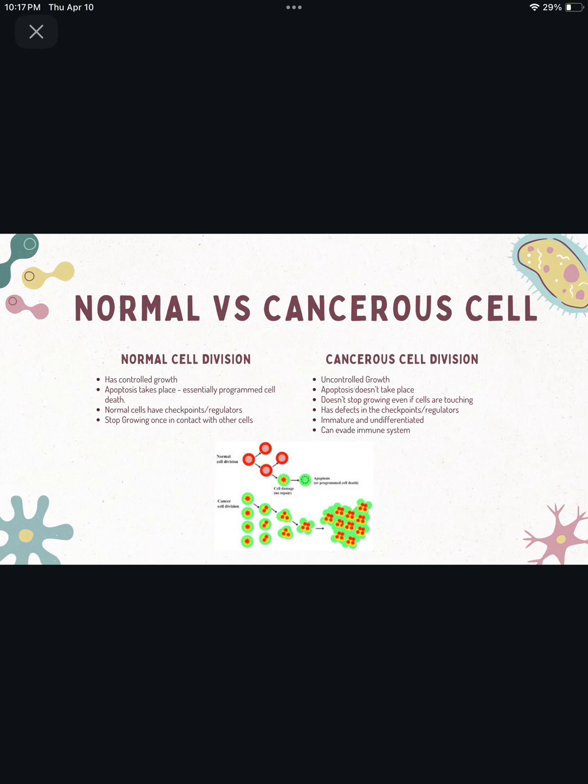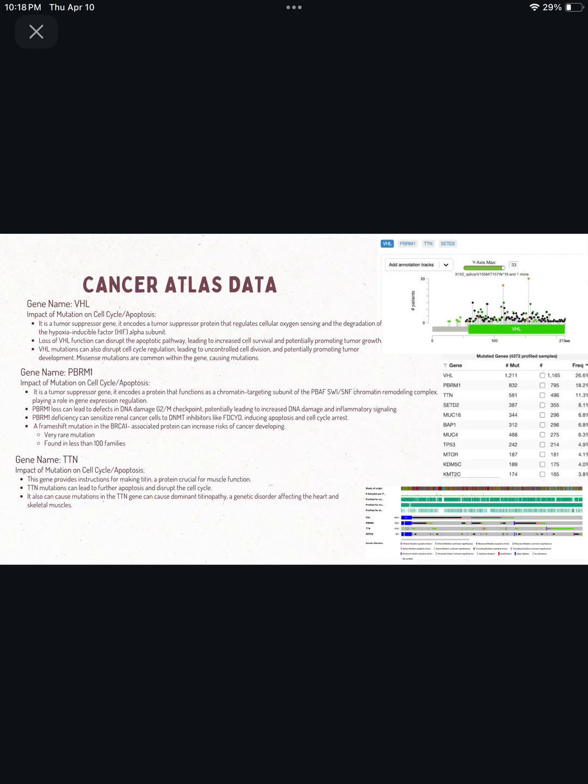In our Cancer Atlas data, we researched 3 genes: the VHL gene, the PBRM1 gene, and the TTN gene. The impact the VHL mutation has on cell cycle and apoptosis is that loss of VHL function can lead to apoptotic pathway disruptions.